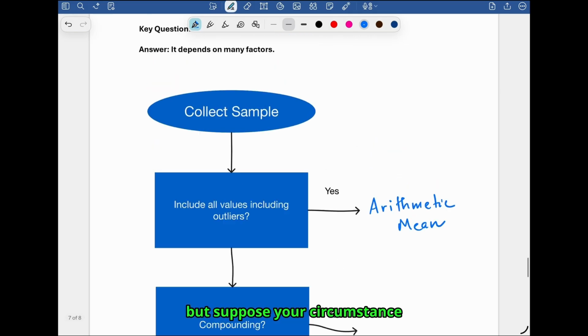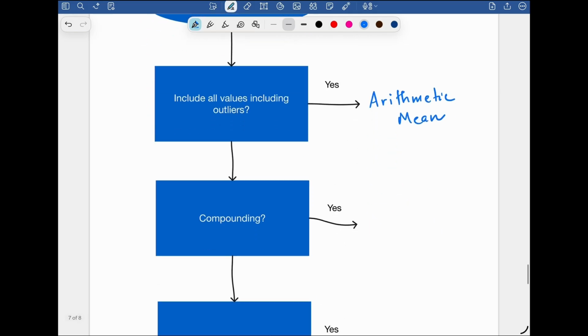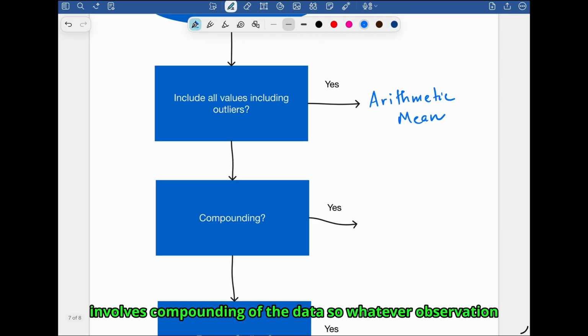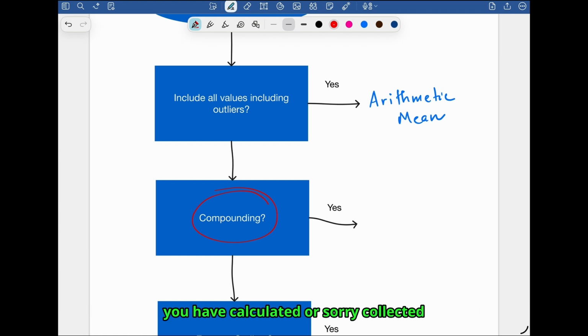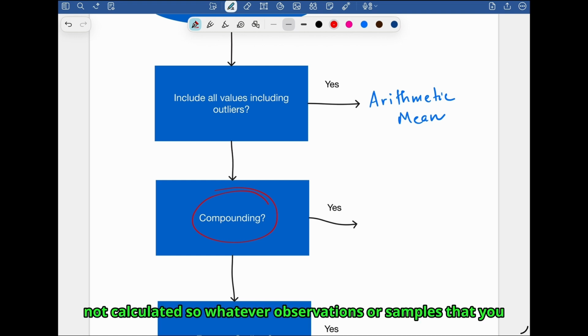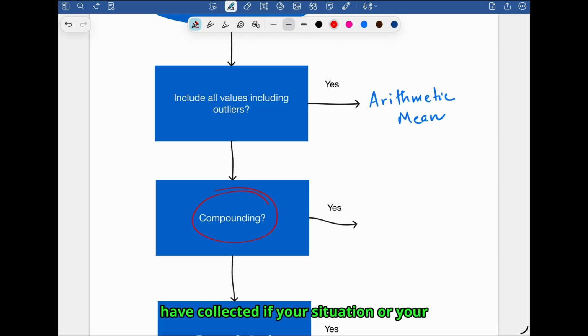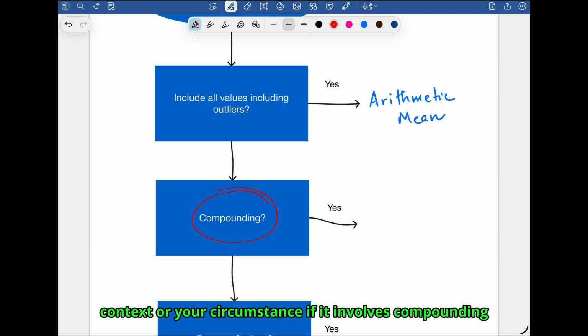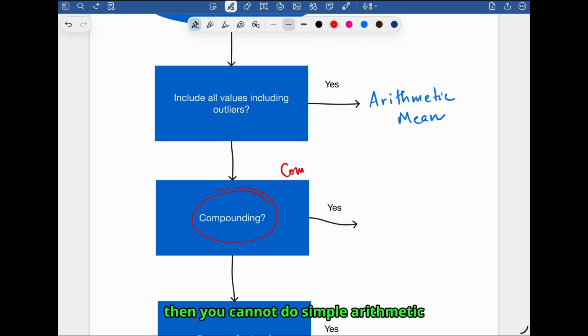But suppose your circumstance involves compounding of the data. Whatever observations or samples you have collected, if your context involves compounding, then you cannot use simple arithmetic mean.